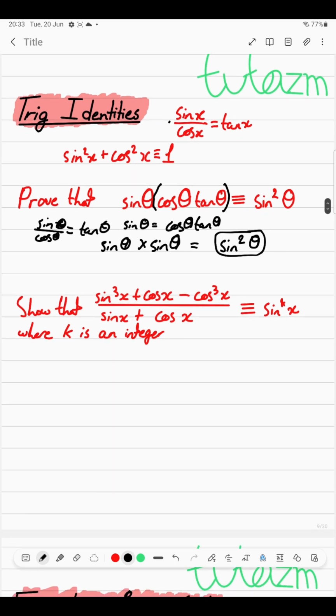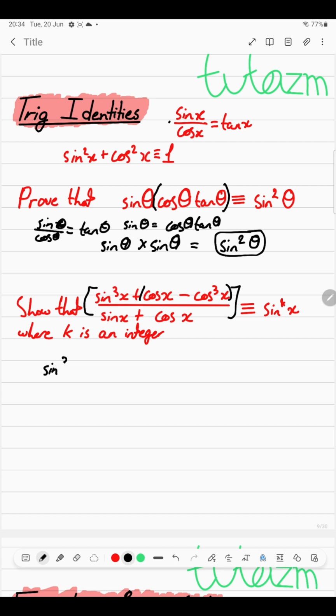This was actually a question on a paper that appeared not too long ago, and it says show that this can be written in the form sine to the power of k x, where k is an integer. So the first thing we're going to do is factorize this bit here.